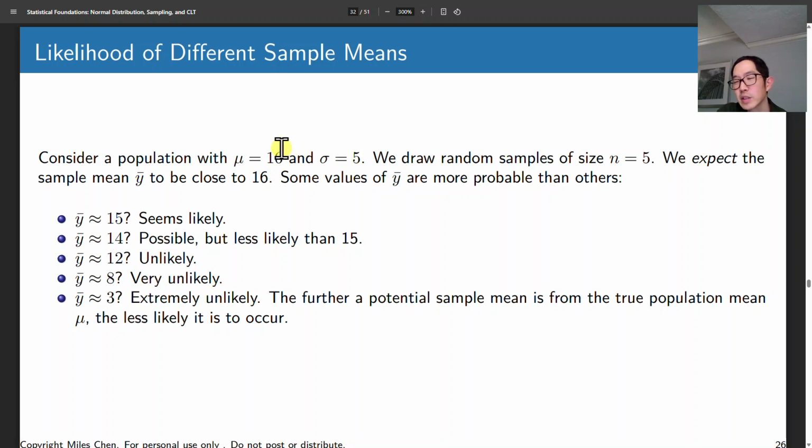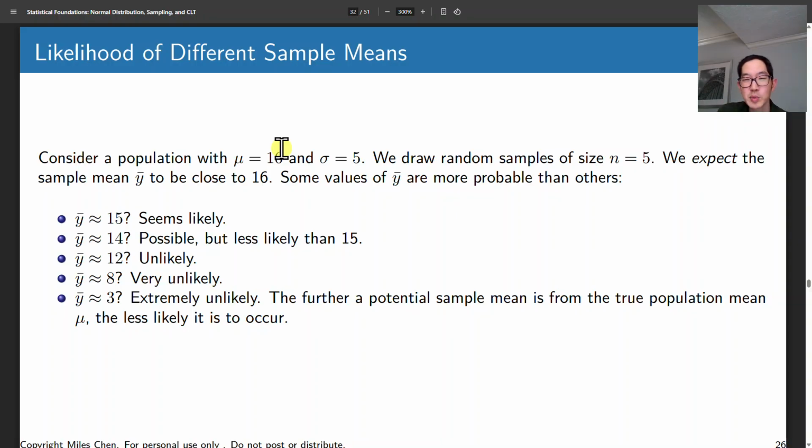If the mean is 16, 68% of values that we draw will be within one standard deviation of the mean, so between 11 and 21. 95% will be within 2, so between 6 and 26. And 99.7%, almost 100%, will be within 3 standard deviations, so between 1 and 31.